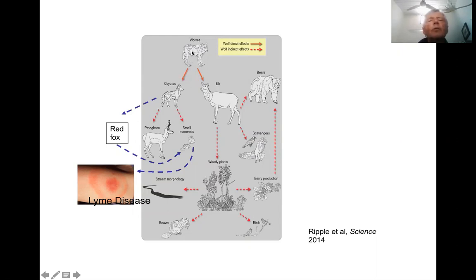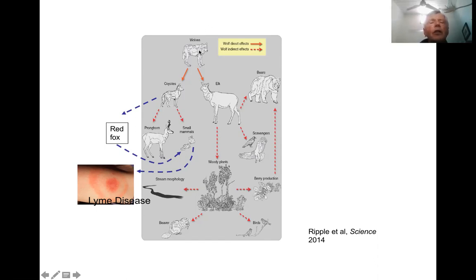So when wolves were lost from North America, coyotes became much more abundant. And that's simply because wolves don't tolerate coyotes very well. And so when wolves were common in the system, they either ate the coyotes or chased them off. The coyotes are predators on pronghorn antelope, pronghorn fawns.